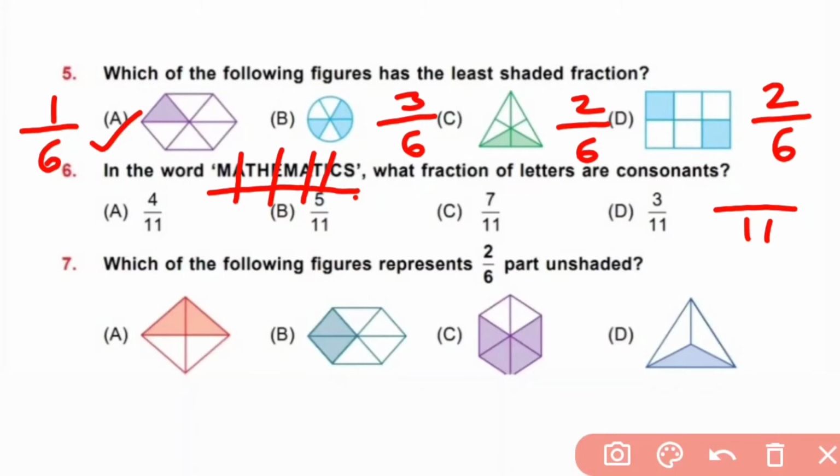So there are 7 letters that are consonants. So the fraction will be 7 by 11. So here C is the correct answer.